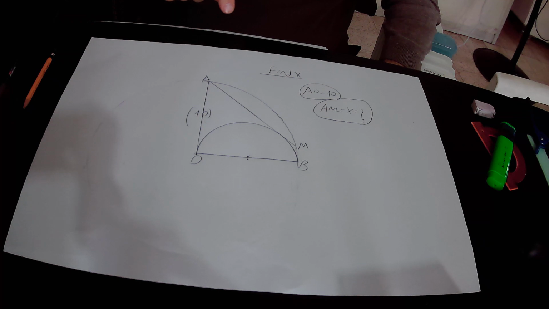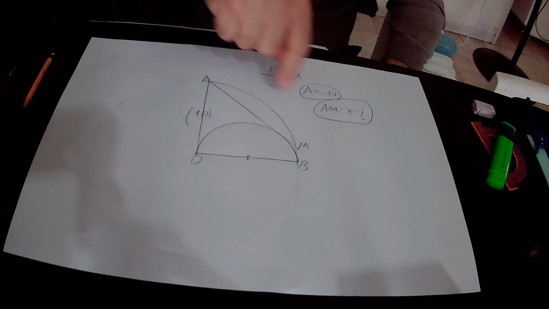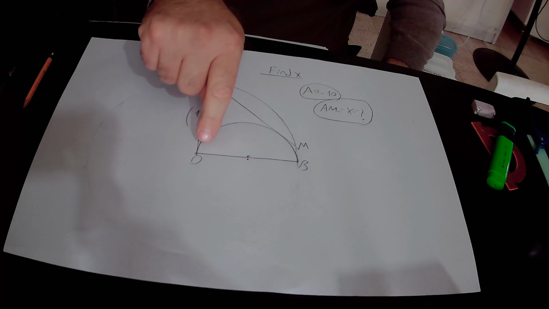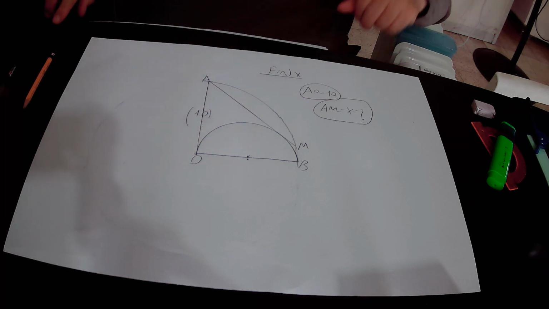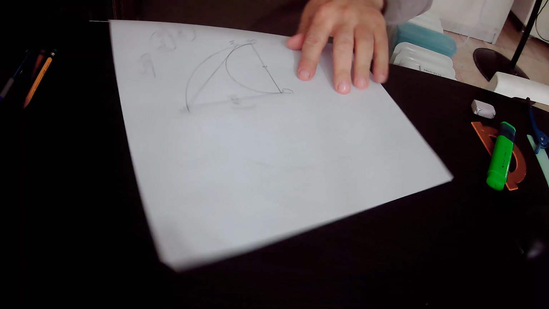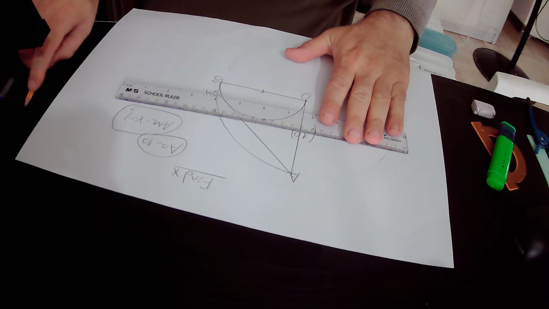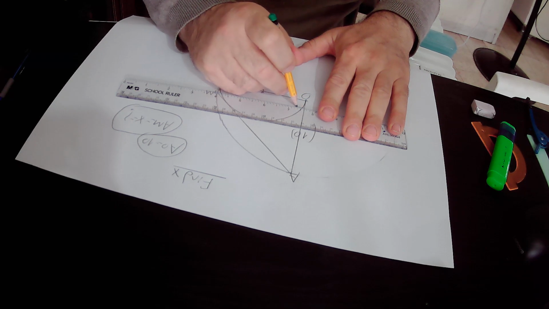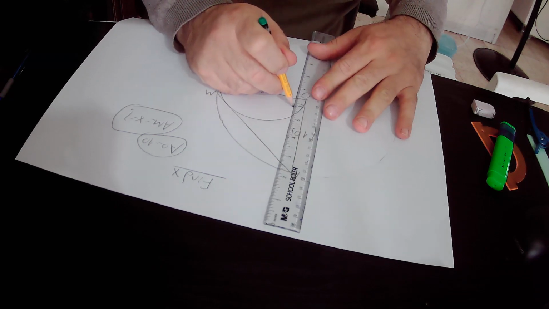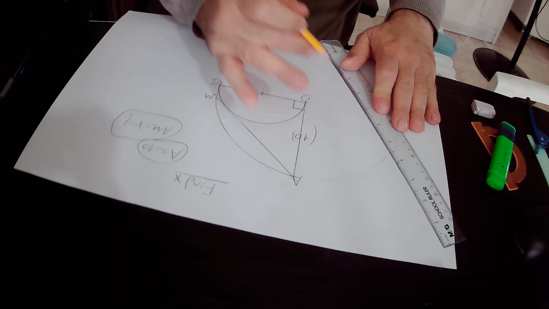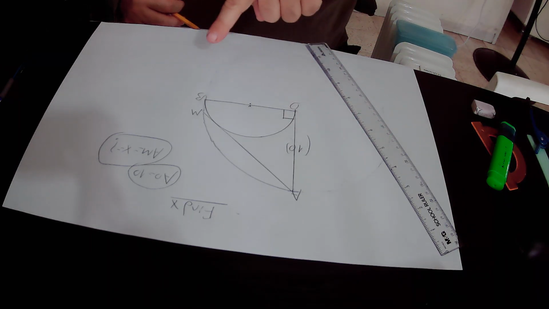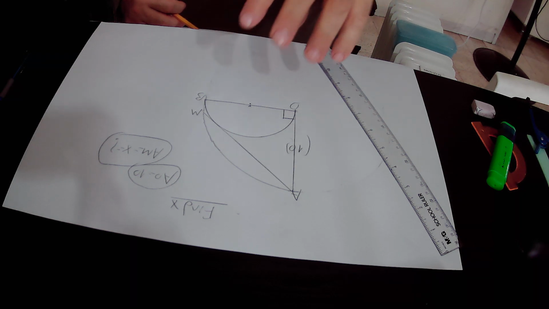So, first of all, because AOB is a quarter circle, this angle is a right angle, it is equal to 90 degrees. And AO and OB are both the radii of this quarter circle, therefore they are equal to each other.